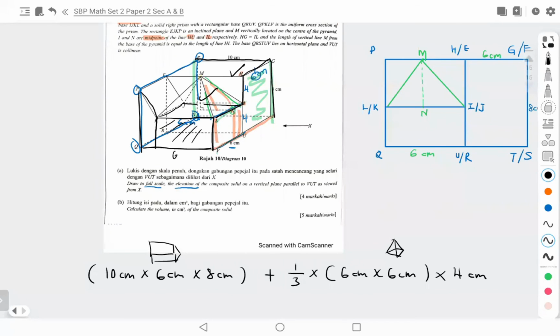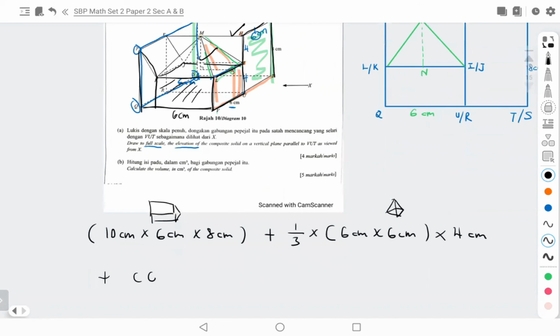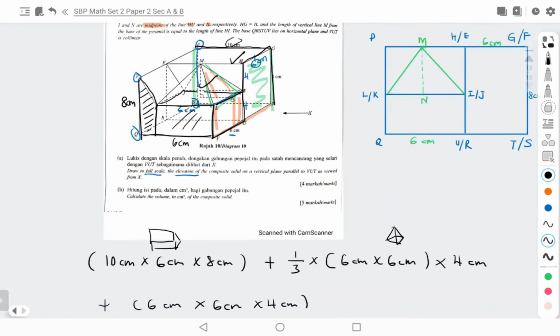So here 6 cm times 6 cm times 4 cm, plus 6 times 6 times 4. Then the last part is the prism, the trapezium prism here. So this is 8 cm. So 10 minus 6 here is 4. And then here is 4 cm.